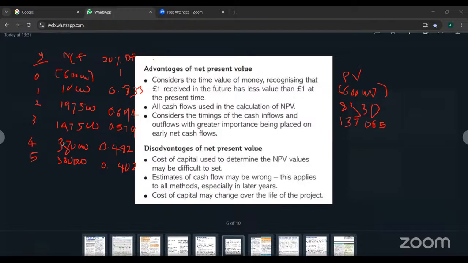Year 3: 147,500 into 0.579, which is 85,402.5. You have to take that decimal answer also.